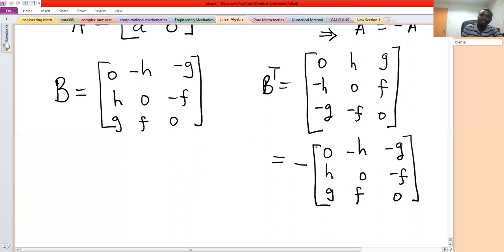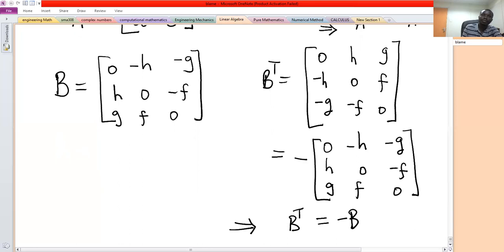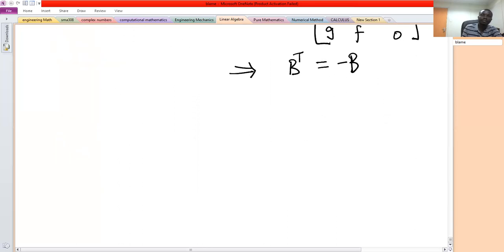And you see, this is the definition of the matrix B itself. So this is B multiplied by -1. So since the transpose is the same as negative of the matrix itself, and all the elements on the main diagonal are 0, then this is a skew symmetric matrix.